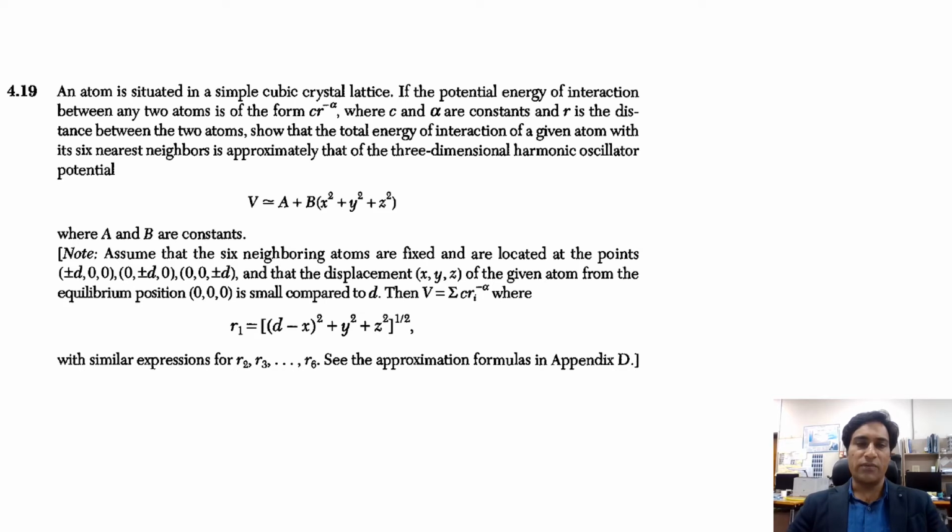The potential is V equals A plus B into (x squared plus y squared plus z squared). In this equation, A and B are constants. As mentioned, the case is a simple cubic crystal lattice, which has six nearest neighbor atoms.